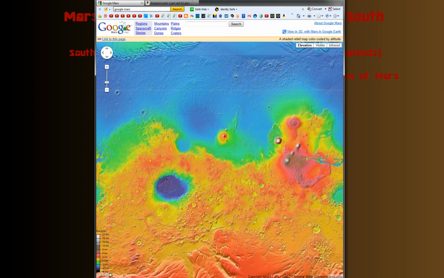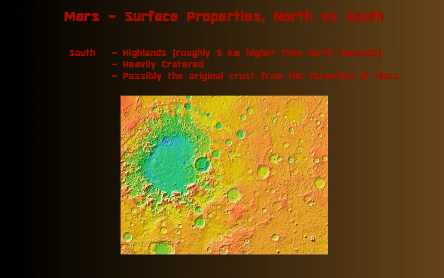These blues look like they're about maybe 4 to 5 kilometers in depth, negative 4 to 5, and these reds and yellows are maybe like 2 to even 3. So that's a 5 or 6 kilometer difference. Really extreme, and this line here marks out that boundary very, very abruptly.